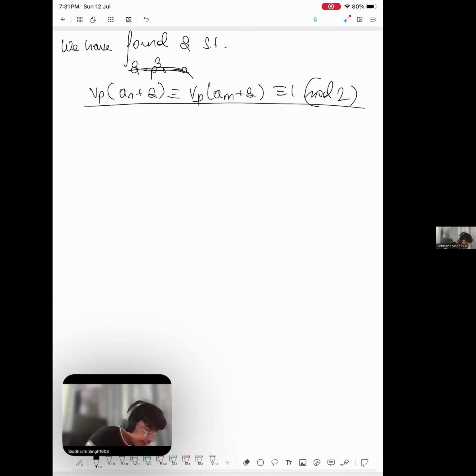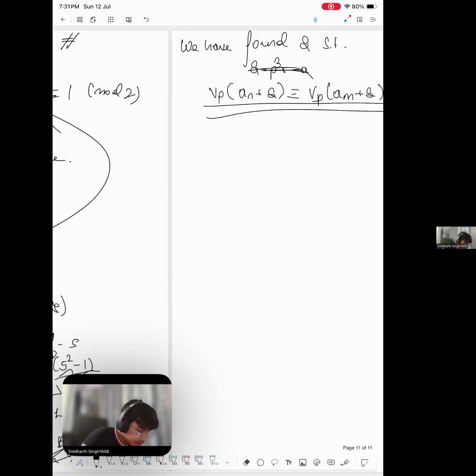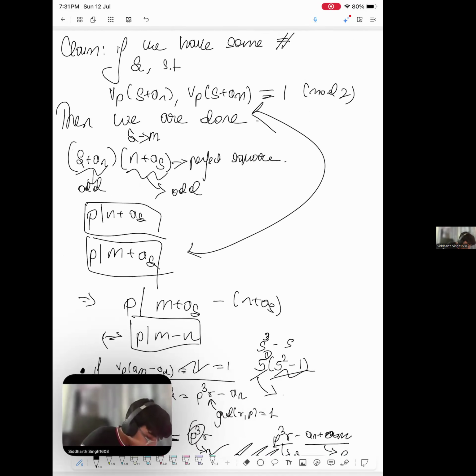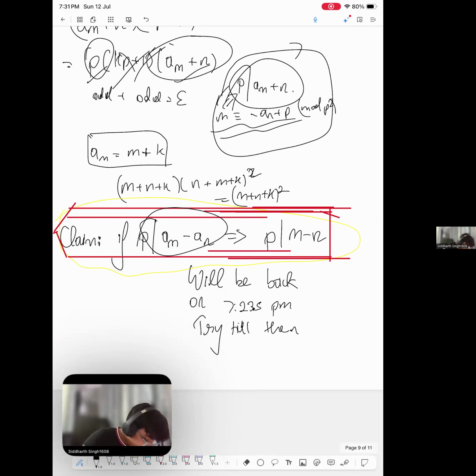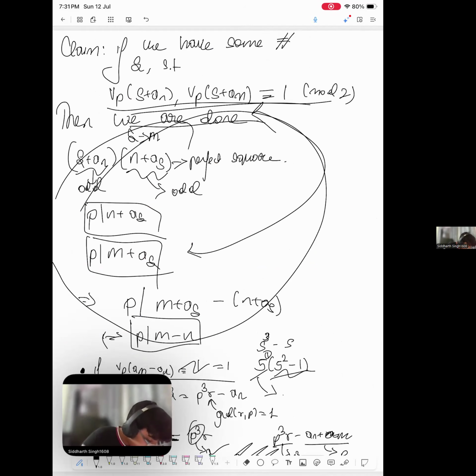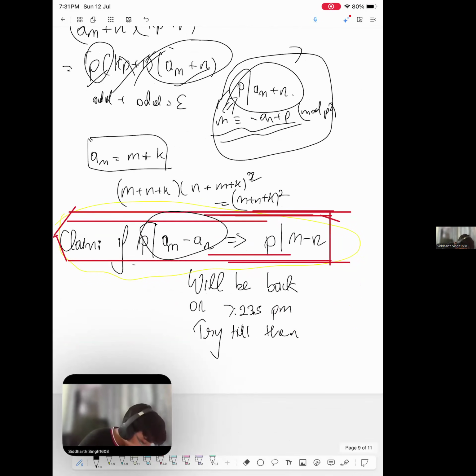Now, since we have found such an S, we are done because of the proof here. Hence, we are done if we have found such an S, no? So then we'll be done with this claim, and then we'll move on.